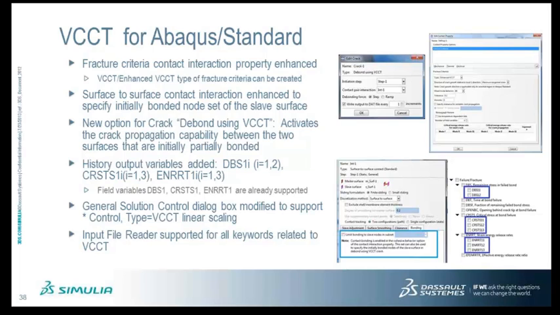For those of you who use VCCT, you may be familiar that for most crack propagation simulations using VCCT or enhanced VCCT, the deformations can be nearly linear up to the point of the onset of crack growth. Beyond this point, the analysis becomes very nonlinear. So in such cases, linear scaling can be used to effectively reduce the solution time to reach the onset of the crack growth.